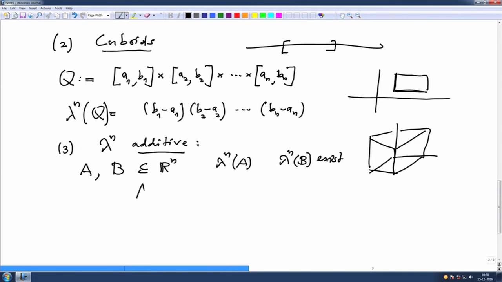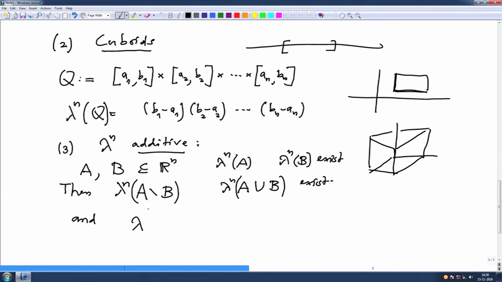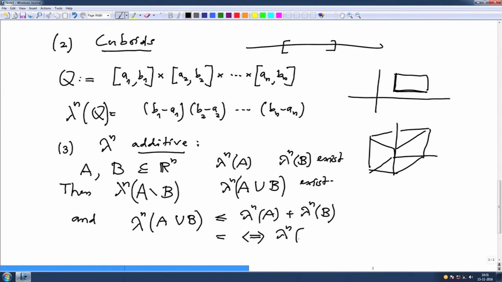Then the difference A minus B and the union A union B also have lambda n, they exist, and the obvious formula: lambda n of A union B is less than or equal to lambda n A plus lambda n B, and equality holds if and only if lambda n of the intersection is 0. Also I should have said lambda n of the intersection also exists.